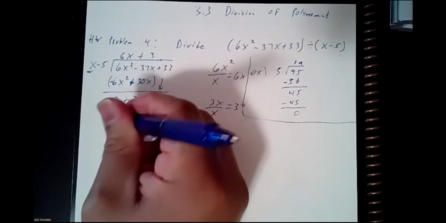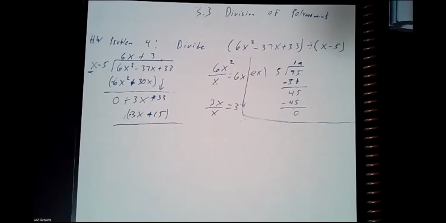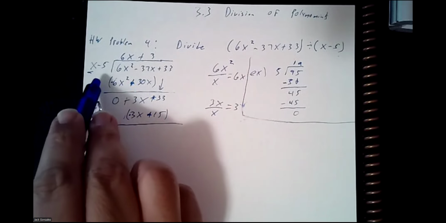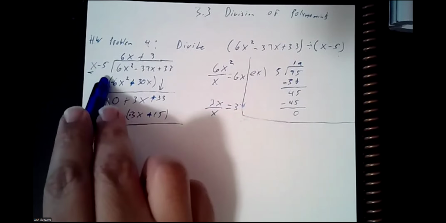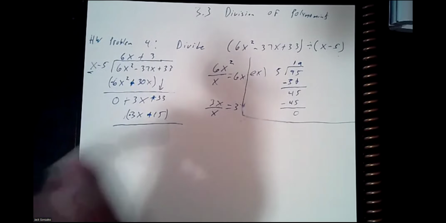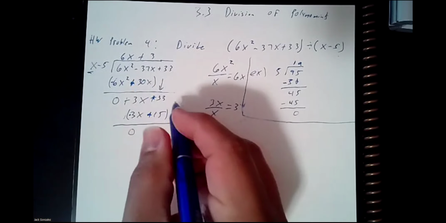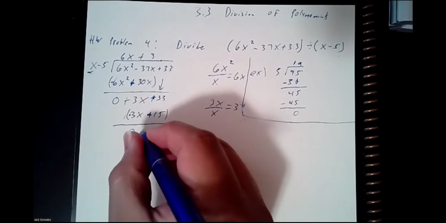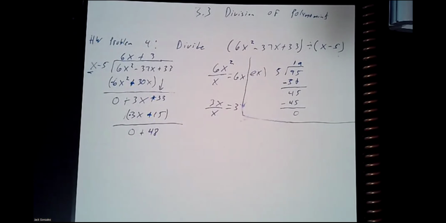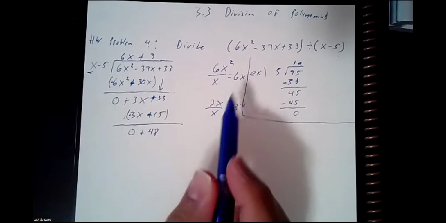I distributed the minus inside, this way I don't have to write so much. You always subtract, so you're subtracting the entire thing. So swap both signs. 3 minus 3, 33 plus 15. And that's it. But x is too big to go into 48 because it doesn't contain a factor like these.